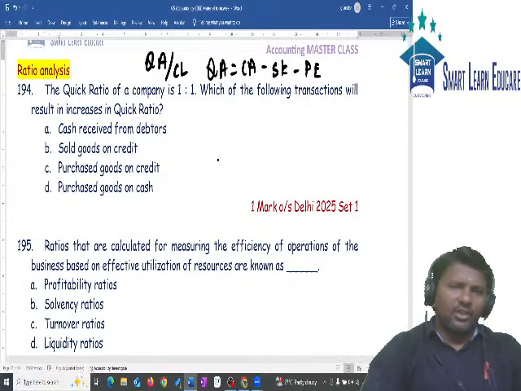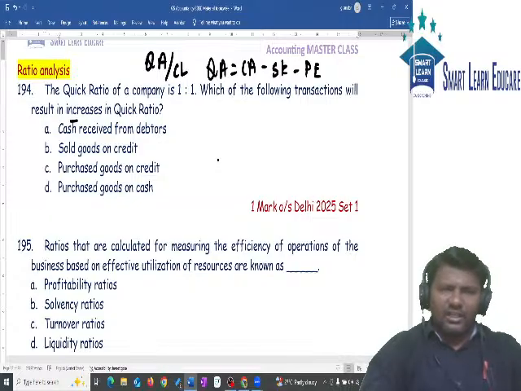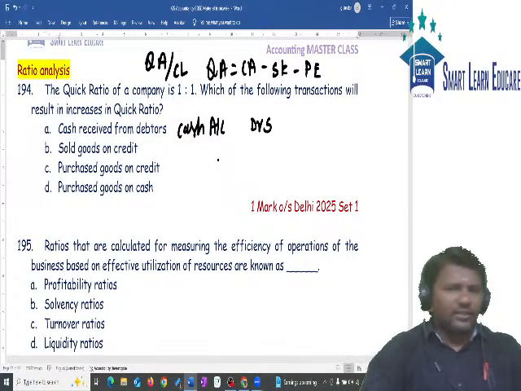Which of the following will result in increase in quick ratio? First one, cash received from debtor. What are the accounts affected because of this? Cash account and debtors account are affected.